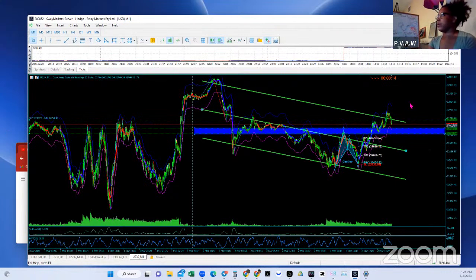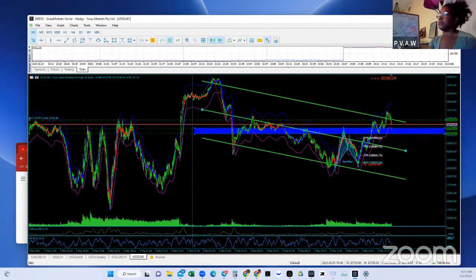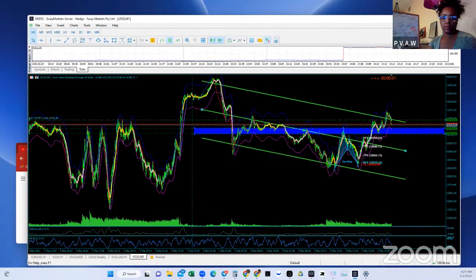So that was a break and retest. I'm keeping an eye on my buy entry.